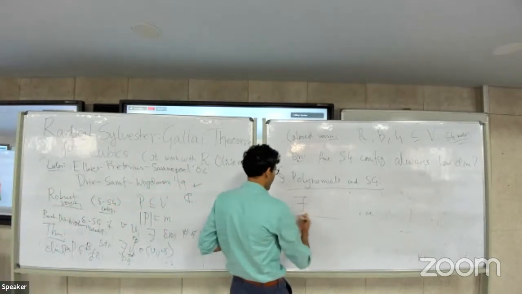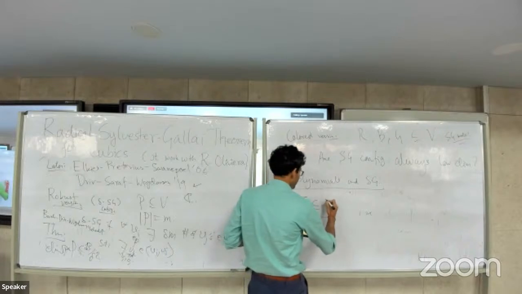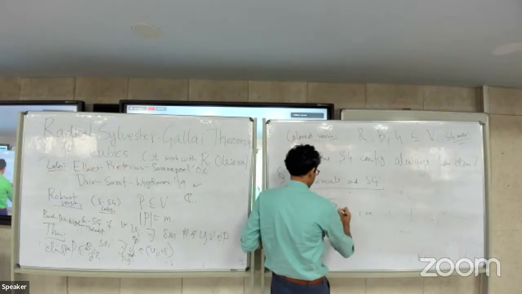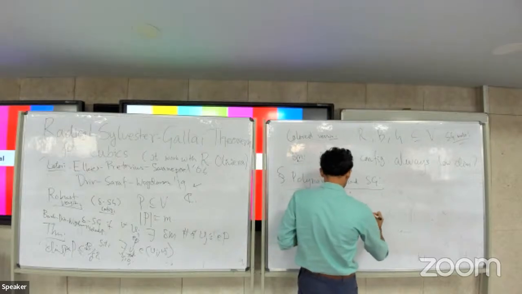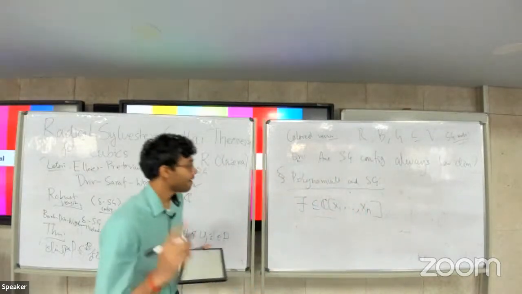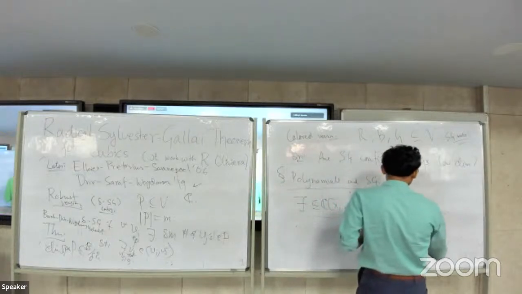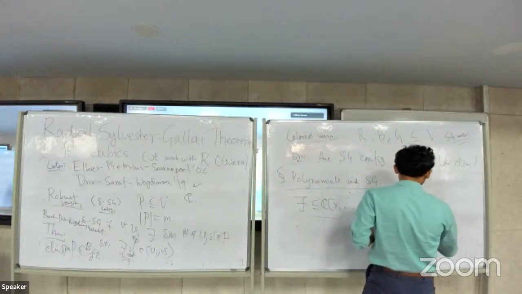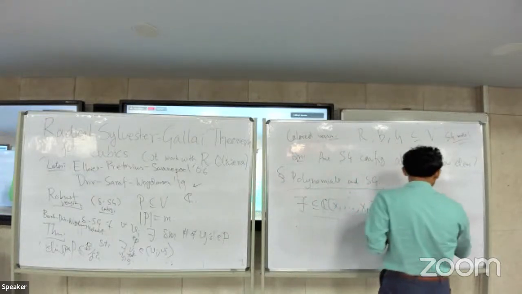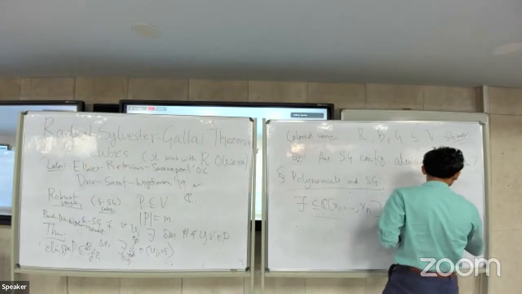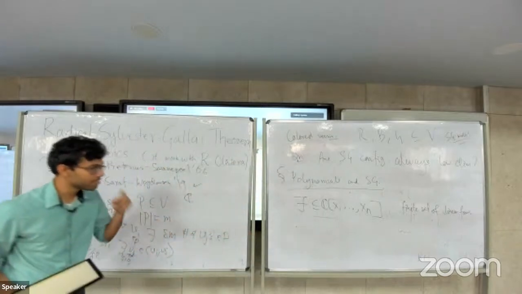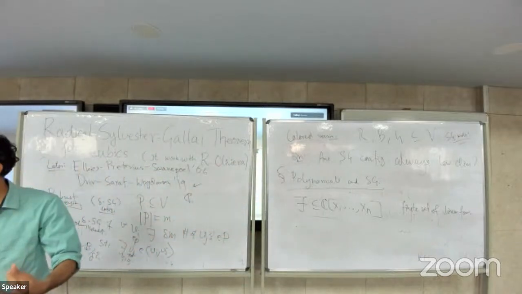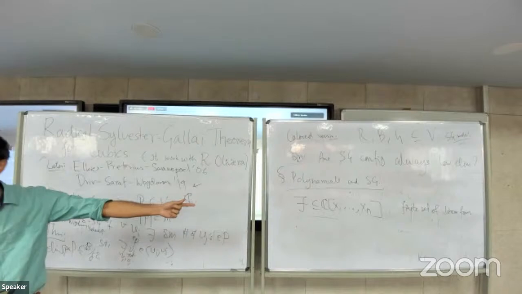This time I'm going to look at a set F inside our polynomial ring, C[x1, ..., xn], n variables, a finite set of forms. Let's say a set of linear forms, so homogeneous linear polynomials. They correspond to vectors inside Cn.